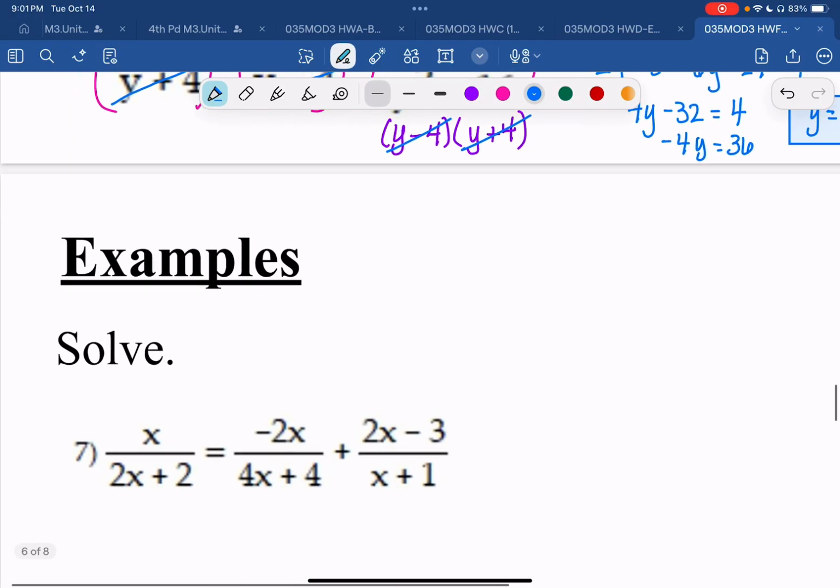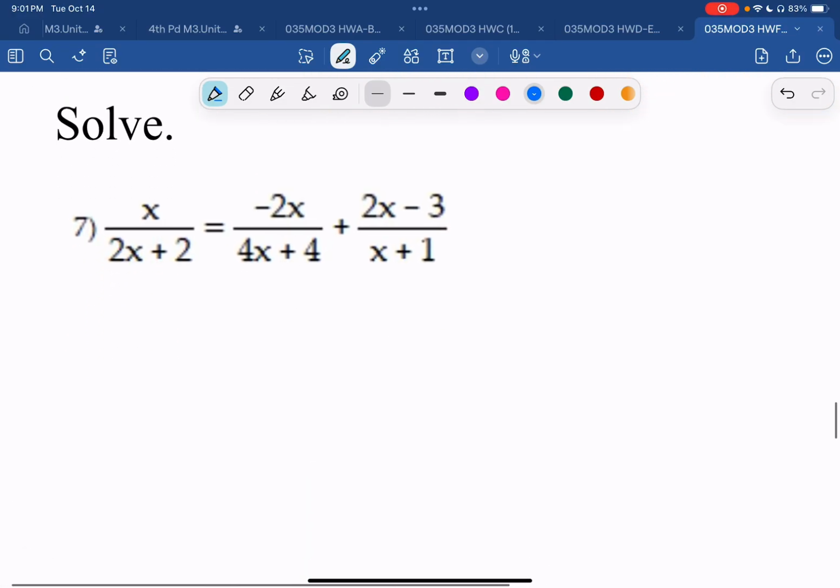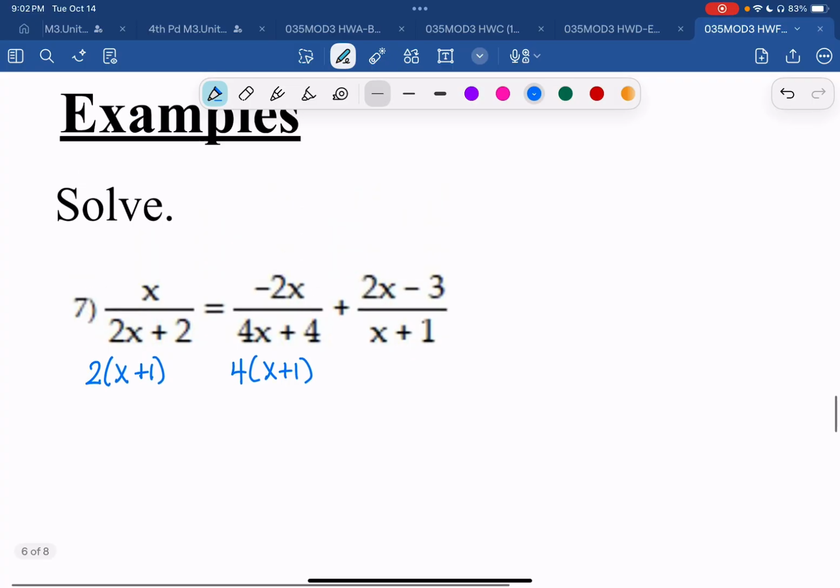All right, 2 more like this. Again, I'm going to start by factoring. So 2x plus 1, 4x plus 1, and then x plus 1. All right, so LCD. Well, I know it's got to have the x plus 1, right? But this time I've got a 2 and I've got a 4.